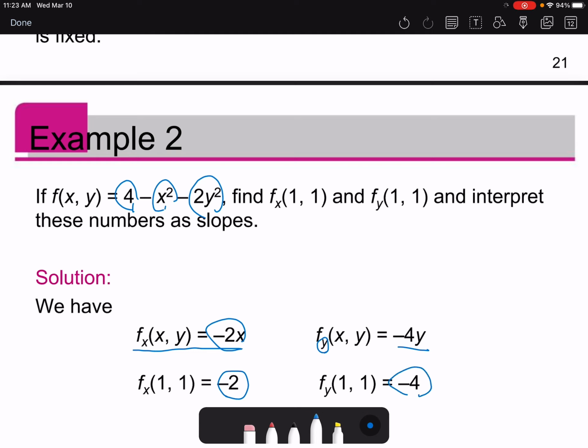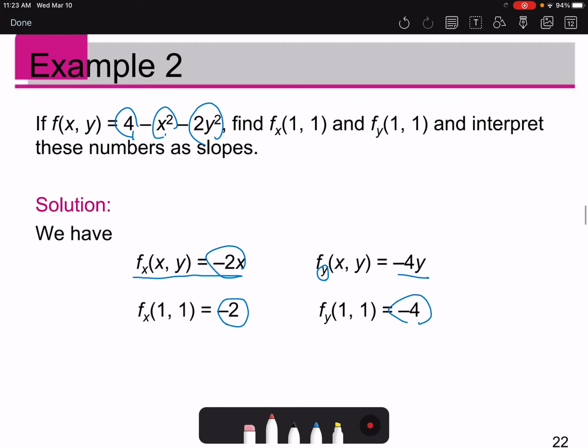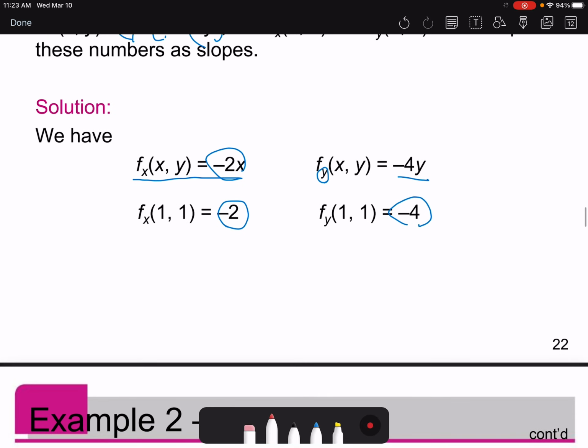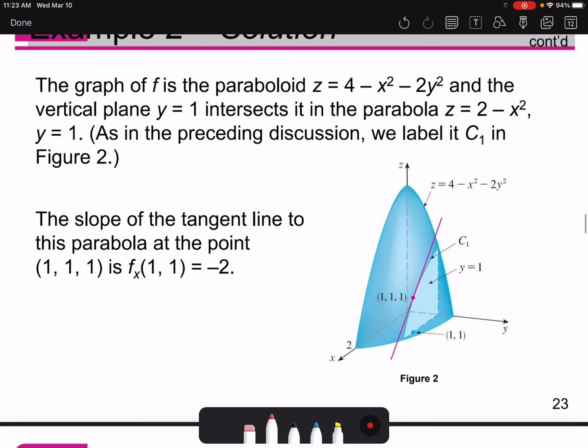All right, so what does that mean? If we look at this graph, the partial derivative with respect to x means we're treating y equals 1 as a constant. You see the curve right there, the intersection with that plane. So negative 2 is the slope of the tangent line.